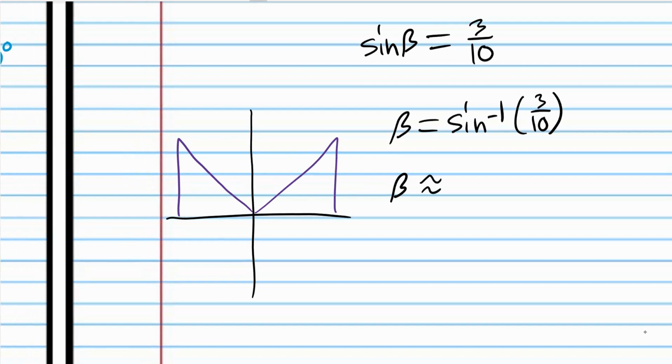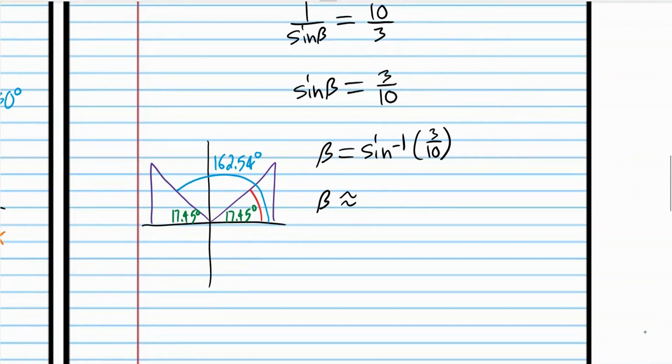So the reference angle is approximately 17.45 degrees. So we have this angle, and then we have this angle, which is 180 minus that number. That'd be 162.54 roughly. Keep these numbers in your calculator.